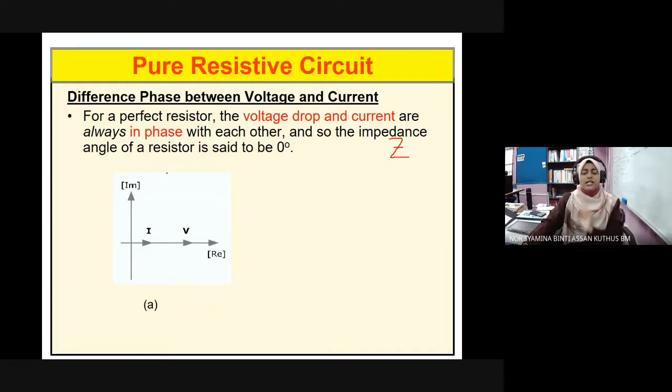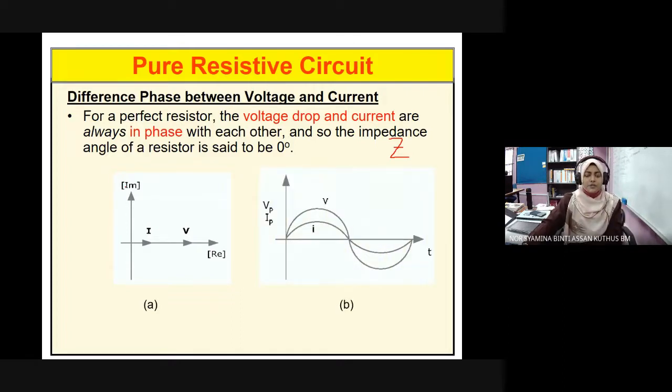So dia adalah 0. So for any phasor diagram kita adalah base pada Z dengan kita punya passive element. So Z dengan R punya phasor diagram. So for this particular graph, I dan V berada pada phase yang sama, which is 0.